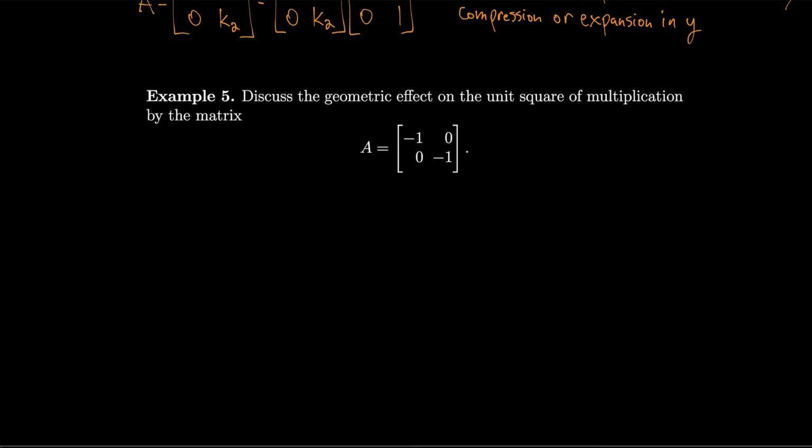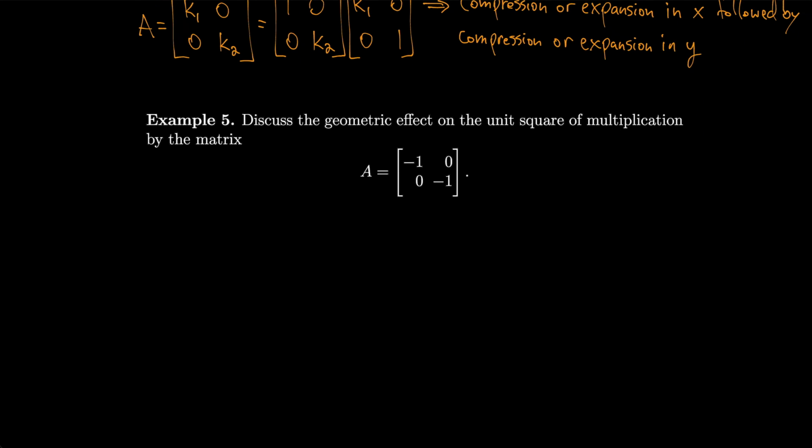Let's now discuss the geometric effect on the unit square of multiplication by the matrix A, given over here with negatives. So again, we should rewrite A. You can kind of see that this is going to be a reflection about the origin, because it just has these negatives over here. But we can still rewrite A to view it in different ways. So first you can see that it's a reflection about the origin.